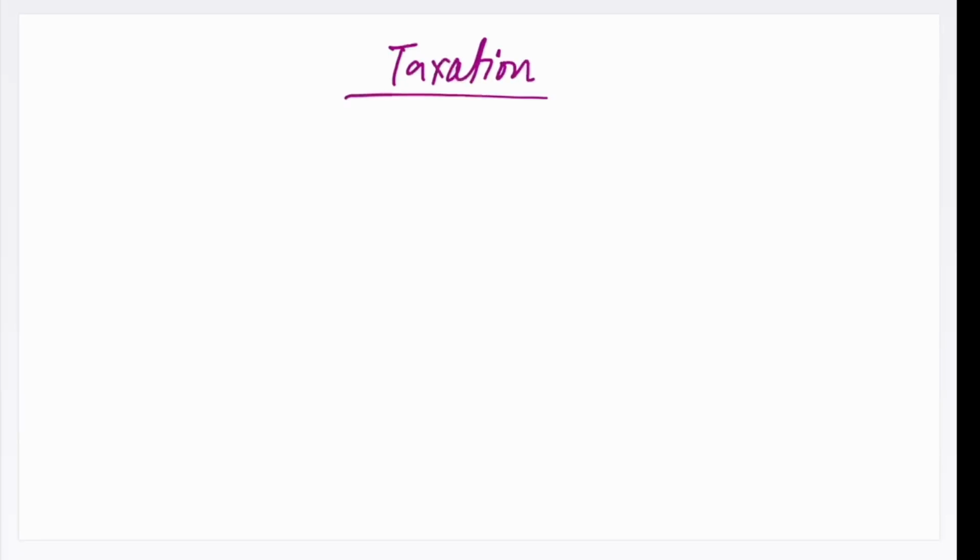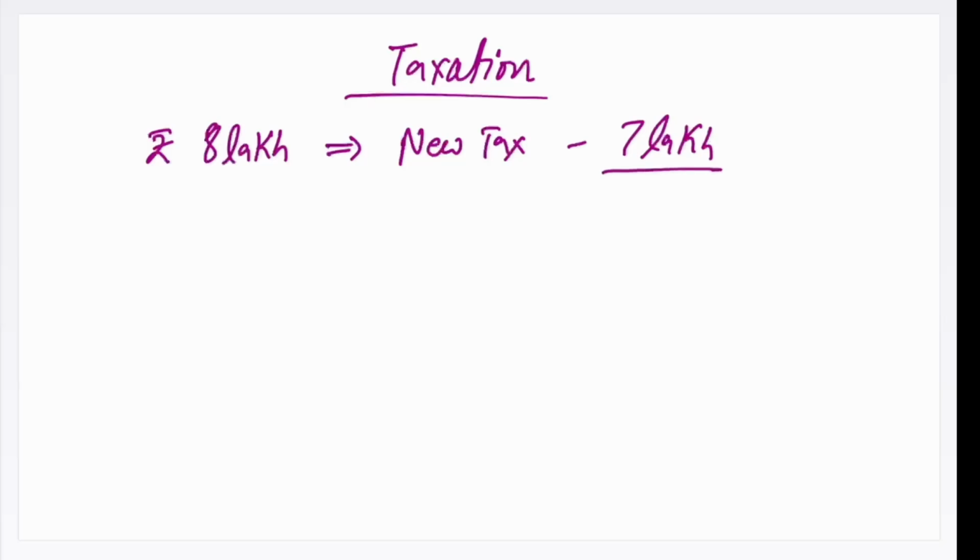So what happens is basically that suppose a person has an income of rupees 8 lakhs. Rupees 8 lakh is his income. He was in the bracket of, let's say, the new tax regime where 7 lakh was the limit. So above 7 lakh, only 1 lakh rupees he was paying tax on.